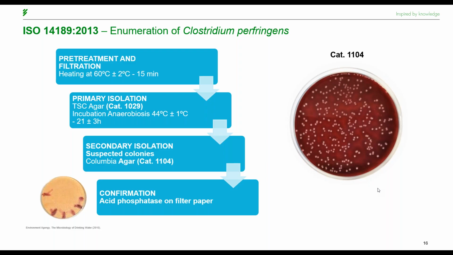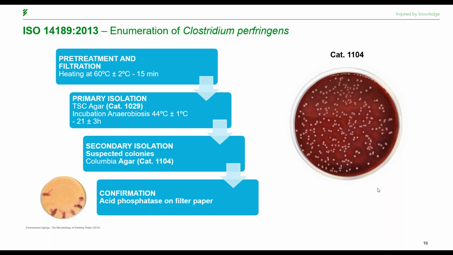In addition, spores are not always inactivated by common disinfection processes, so they are a valuable indicator for evaluating water treatment. In this case, a thermal pretreatment of the sample must be carried out, heating it to 60 degrees Celsius in a water bath for 15 minutes. Here, it is very important to monitor the temperature, since the time necessary to reach it should not exceed this time.